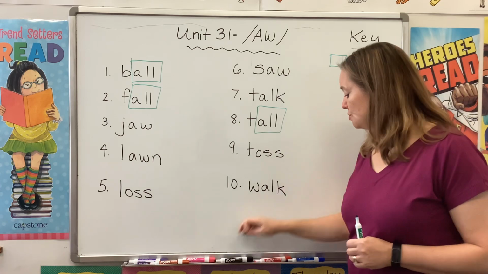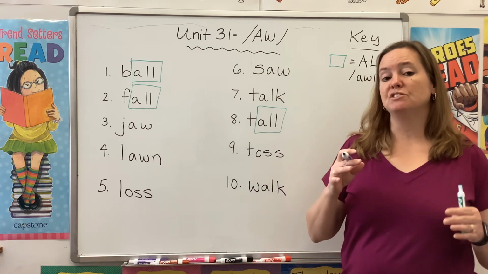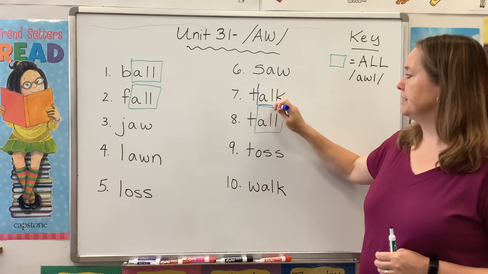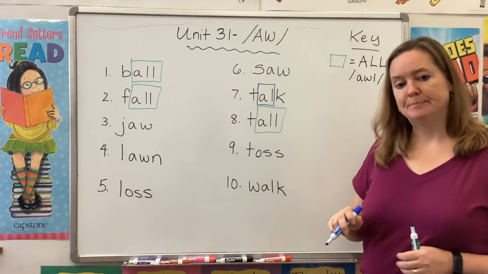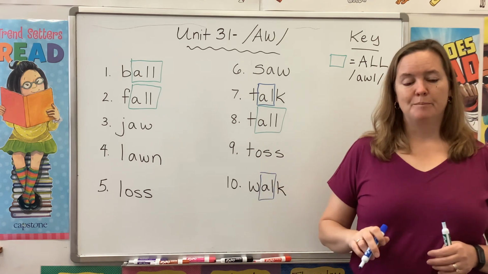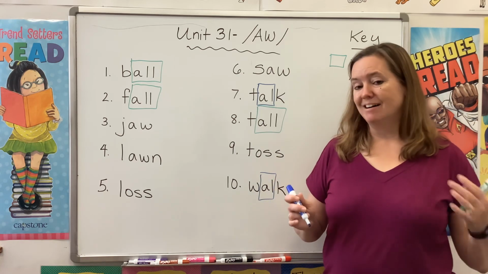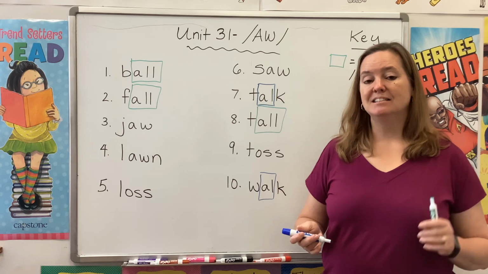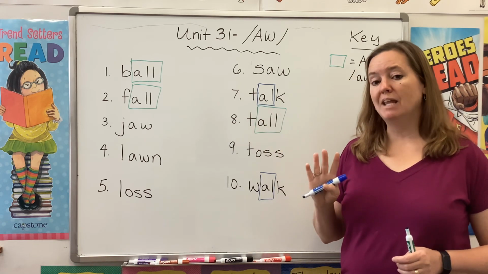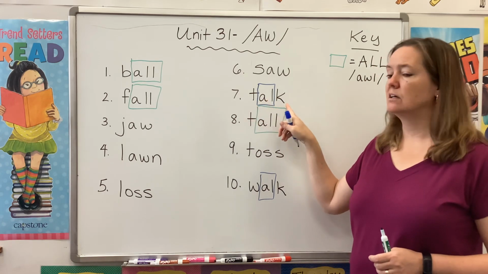Now, choose a second color, and let's see what happens when we just use 1 L after the A. For instance, in the word talk, and down here in the word walk. Notice that L helps the A make its aw sound, but the L stays silent, okay? The word talk has 4 letters, but only 3 sounds. T, aw, k.